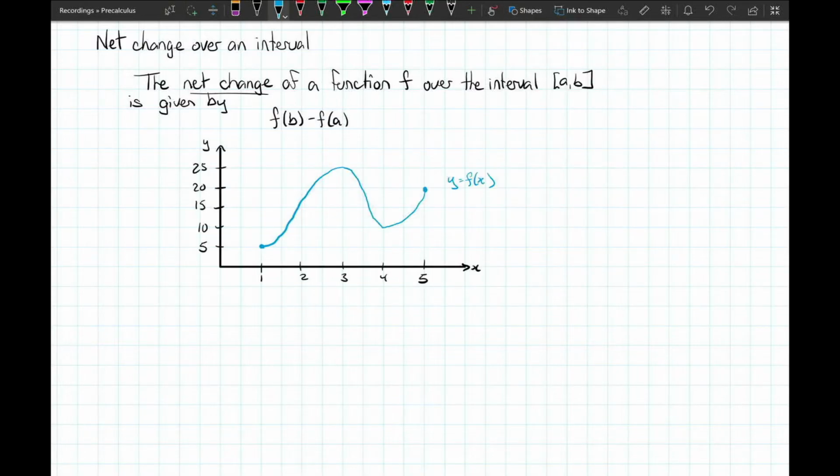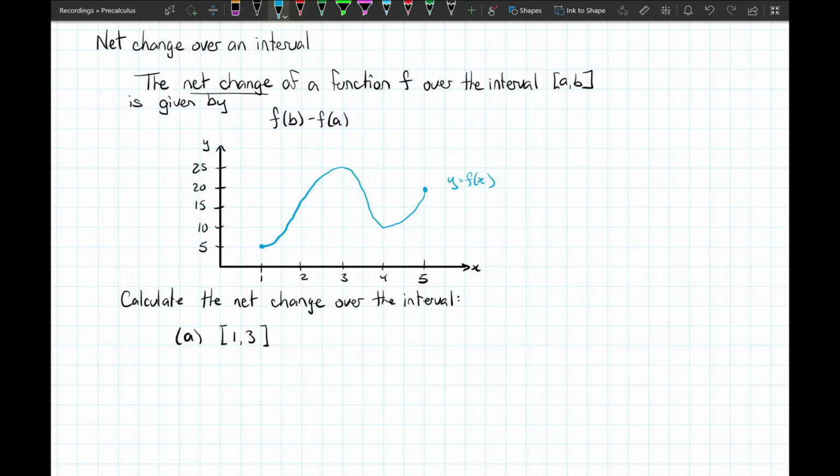Okay, here we have a function y is a function of x. And you can see that the domain of our function is from 1 to 5. We can take a look at the net change of this function over various different intervals. And so let's start off with the net change from the interval 1 to 3. Now we can think about this formula as essentially a final y-coordinate minus an initial y-coordinate on a graph.